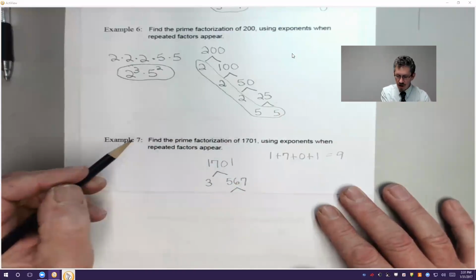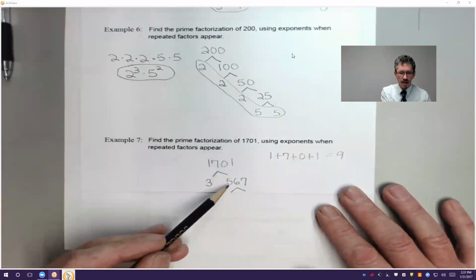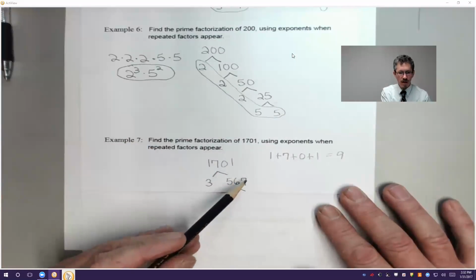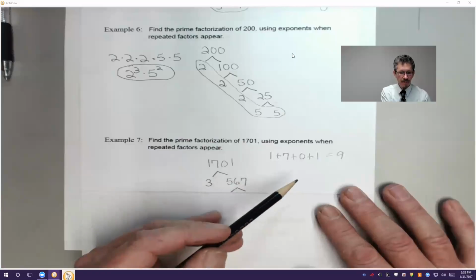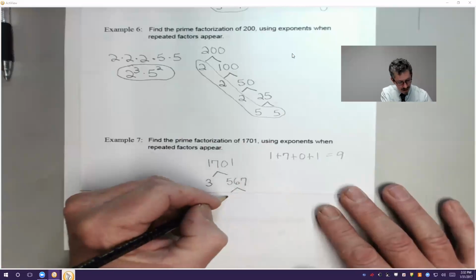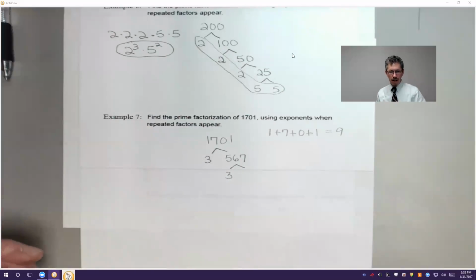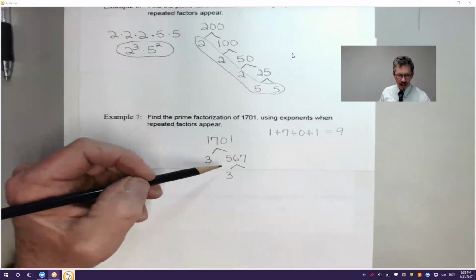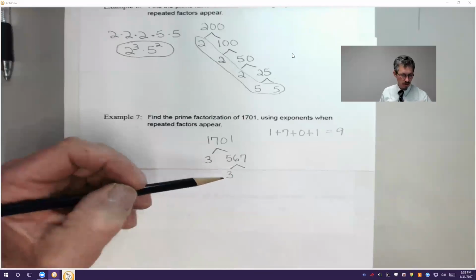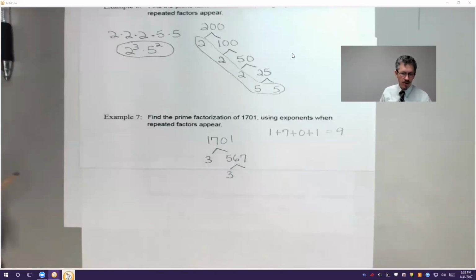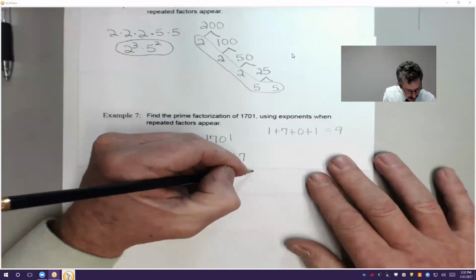But I still need to try 3. 5 plus 6 is 11, plus 7 more is 18. 18 is divisible by 3, so I know 567 is divisible by 3 as well. So divide 567 by 3. Probably have to do it the hard way unless you're using a calculator. We'll get 189.